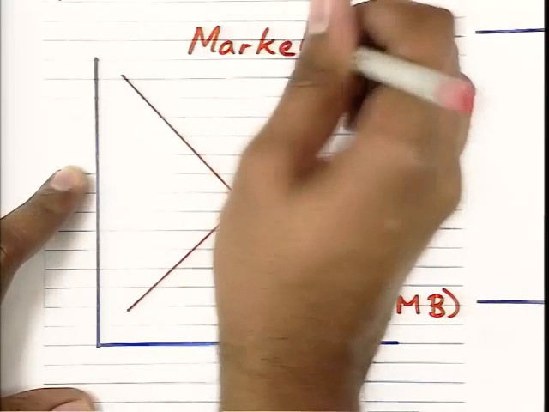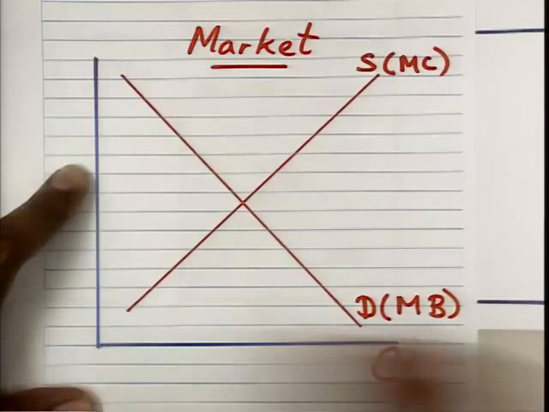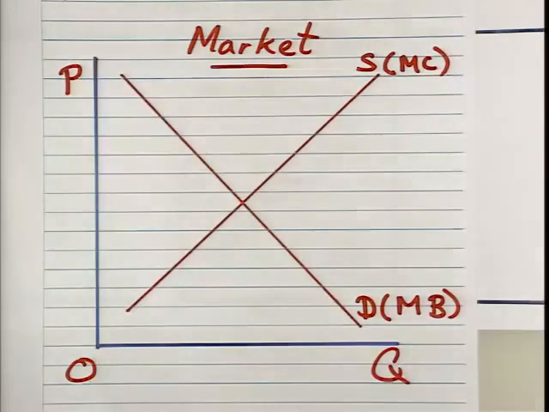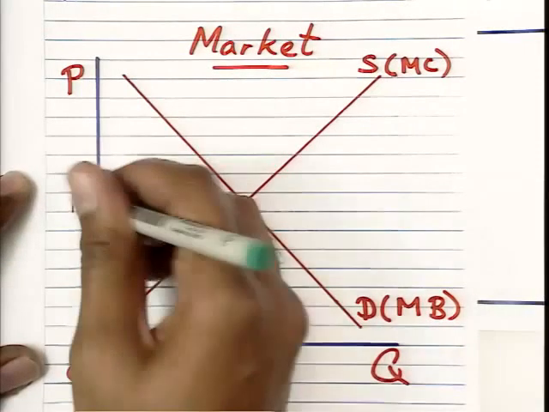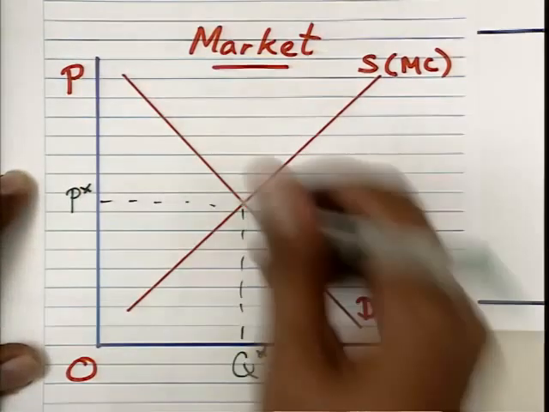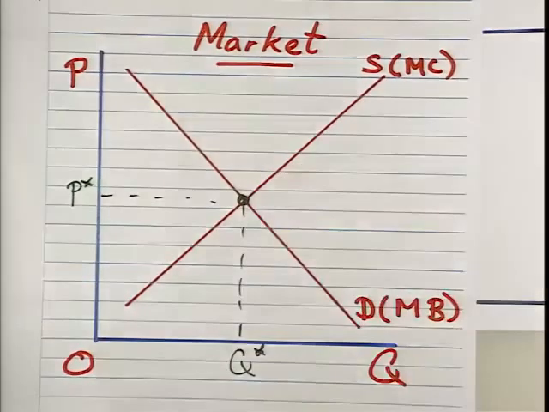Where demand and supply meet is what we call a market. The market decides the market price and the market quantity. I know this is very easy for you now.